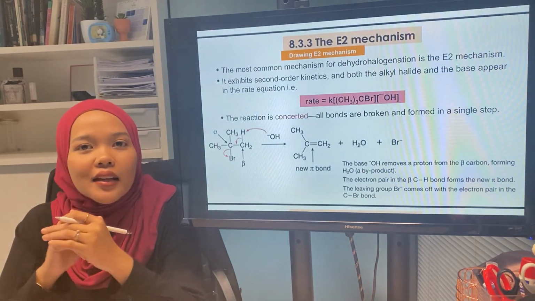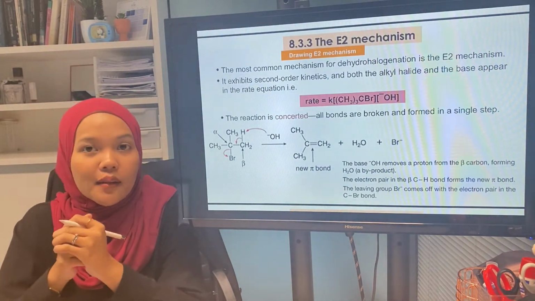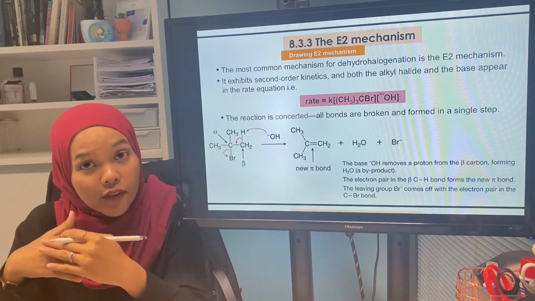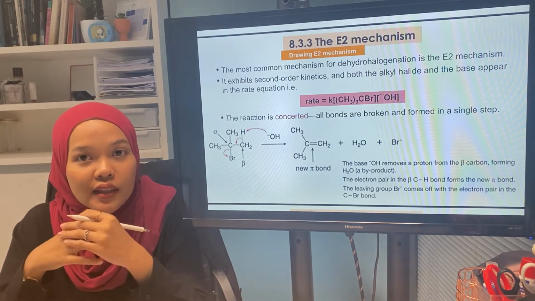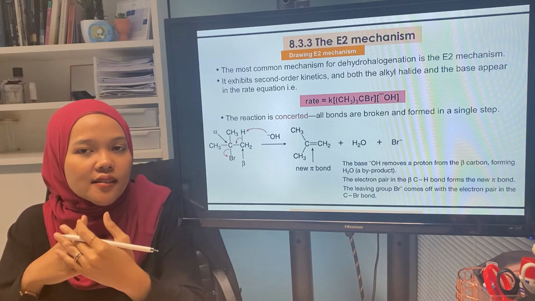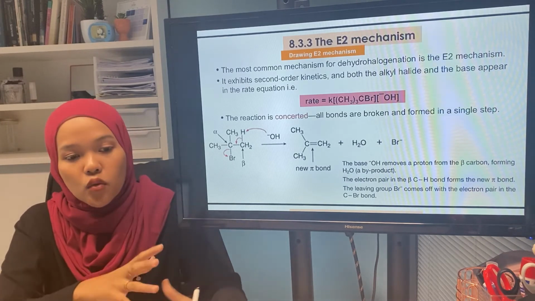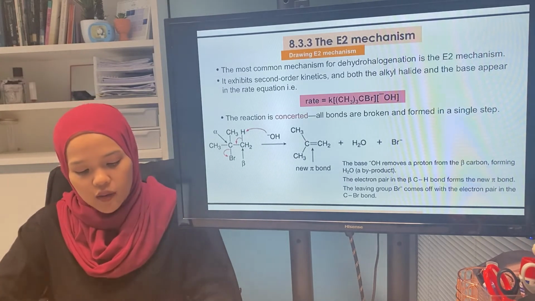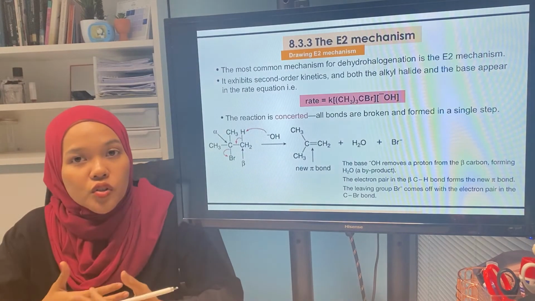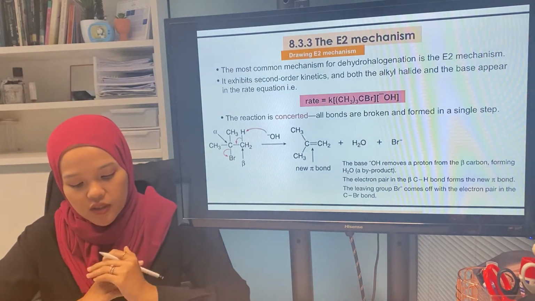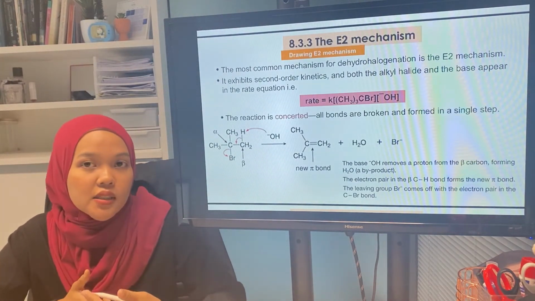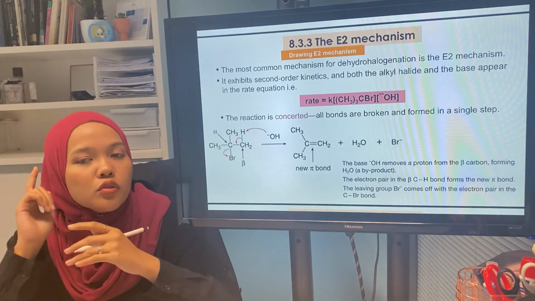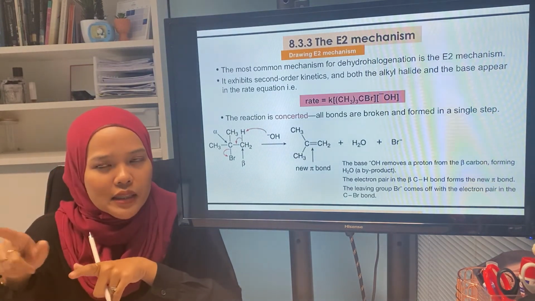Alright, so now let us proceed with the mechanism. First of all, we are going to look into the E2 mechanism because this is much simpler, because it is just a one-step reaction. The most common dehydrohalogenation mechanism is the E2 mechanism, but you cannot say that it must be E2.